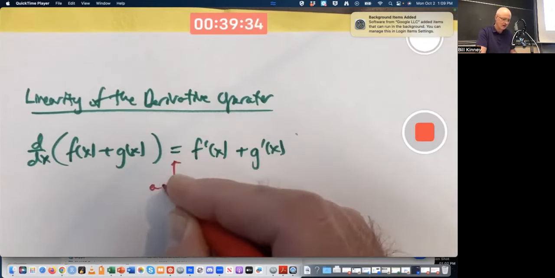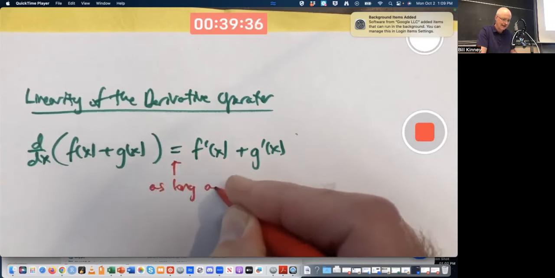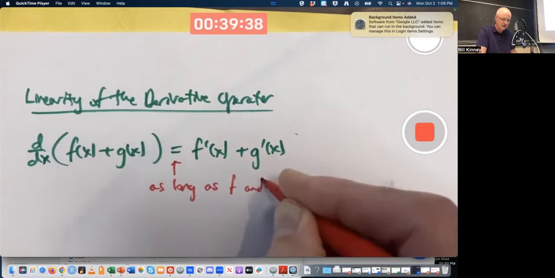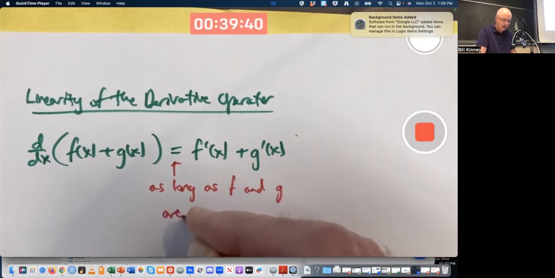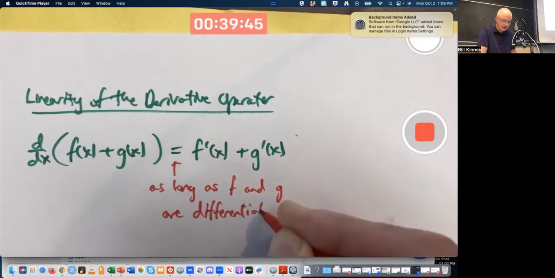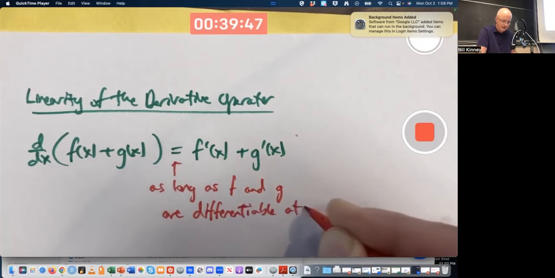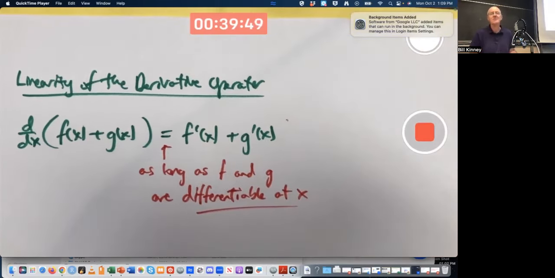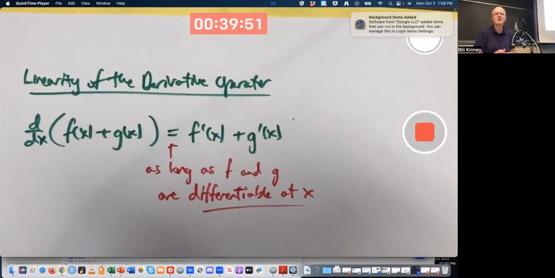This is as long as f and g are differentiable at the value of x. Okay, probably best to imagine x to be some specific number, but it could be any number, and so I'm using a variable name.